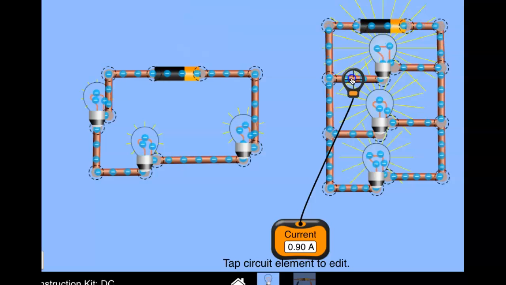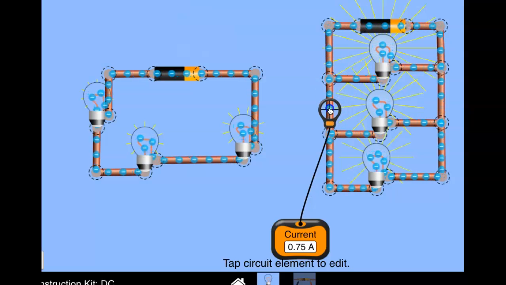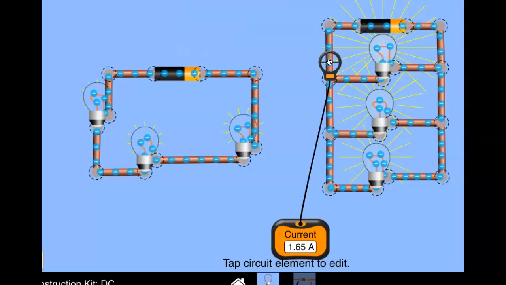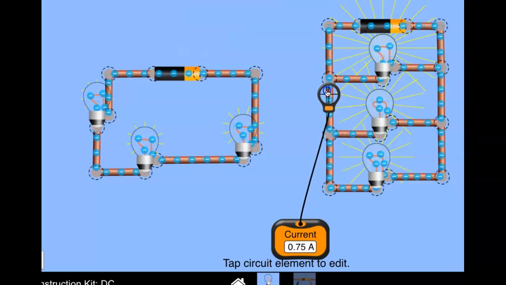If I put it here, it says 0.9 amps. Well, 1.65 equals 0.9 plus 0.75. That's it. That's the idea of the junction rule. The total current going into any point has to equal the total current going out of that point.